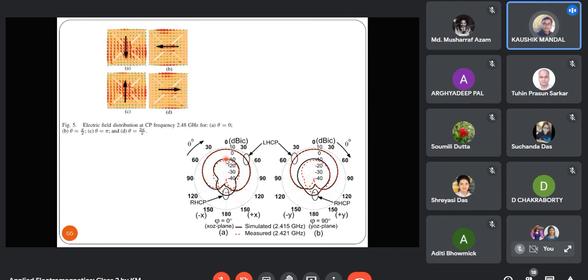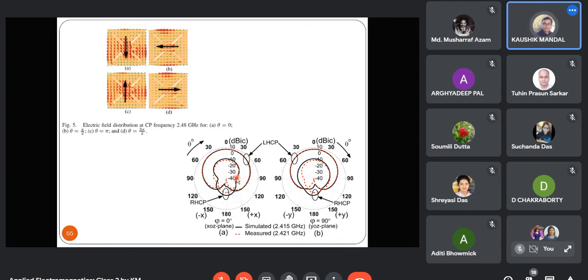Now another type of CP antenna design is also attracting researchers, that is the dual CP. Suppose in the broadside direction, theta equal to 0, LHCP is higher. That means the antenna is radiating the LHCP wave, and at theta equal to 180 degrees, it will radiate the RHCP pattern or RHCP radiation.